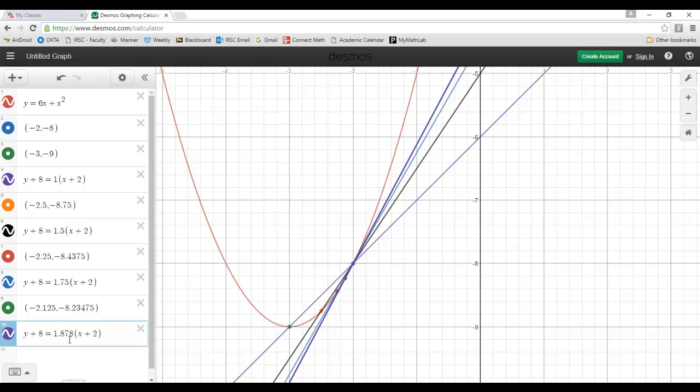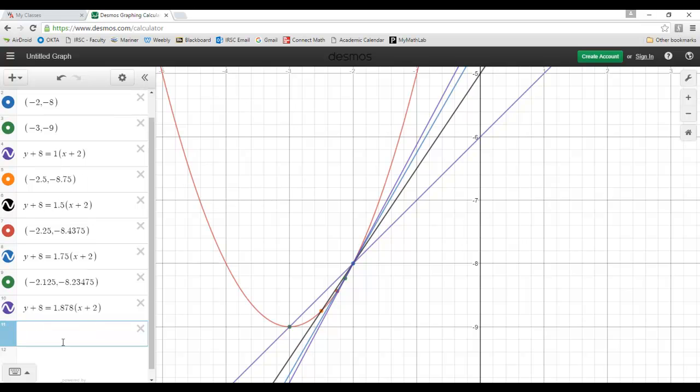Well, let's see. Let's pick a point really close to our original point in question, which was -2, -8. Let's pick the point -2.001. That's really close to -2 on the left of -2.